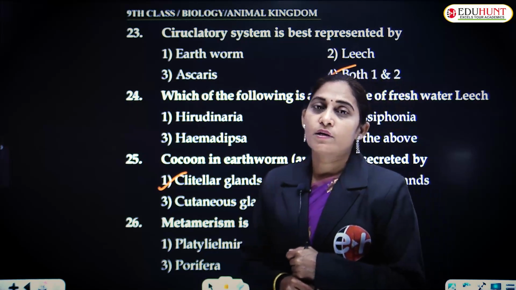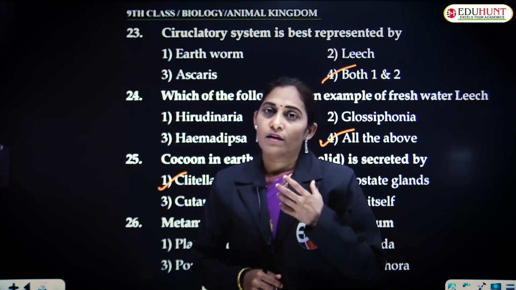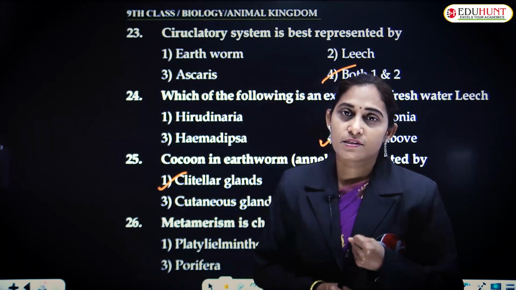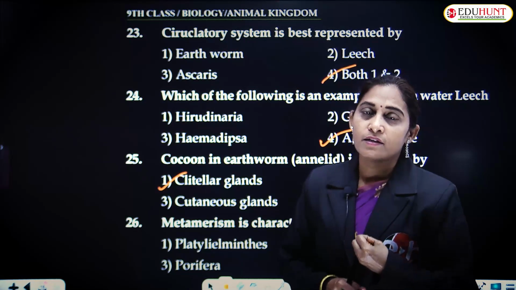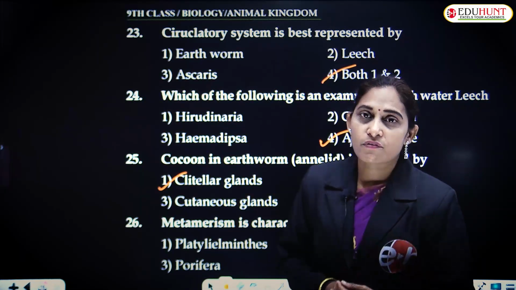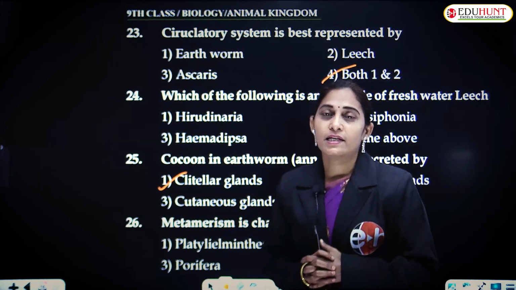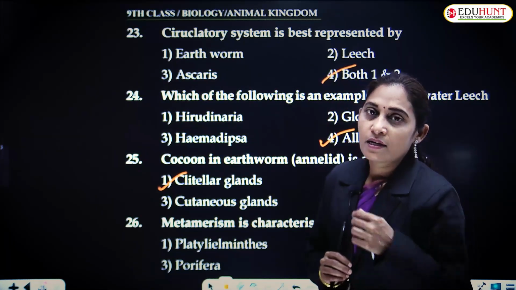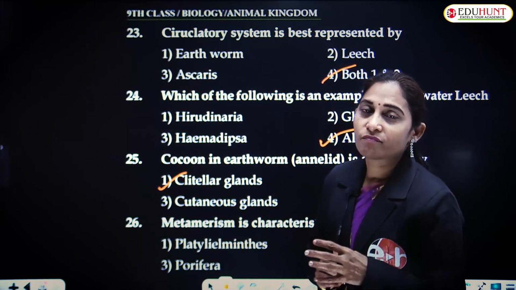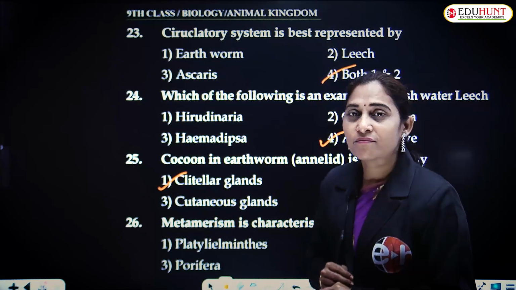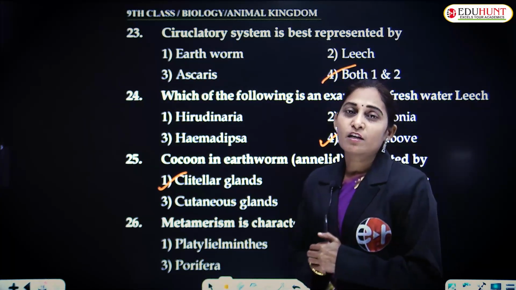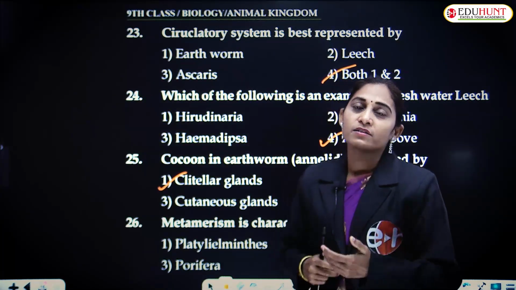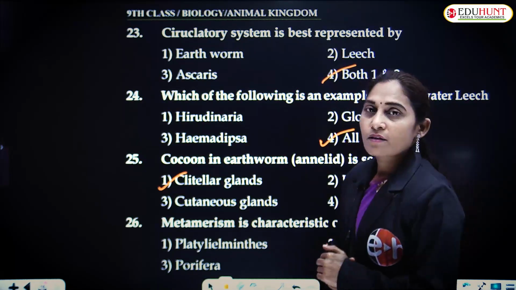If you learn all these classes, general characters, including the classification, examples and their larvae, coelom, body plan and symmetry in every phylum, it will be easy for you to answer the questions. All the best.